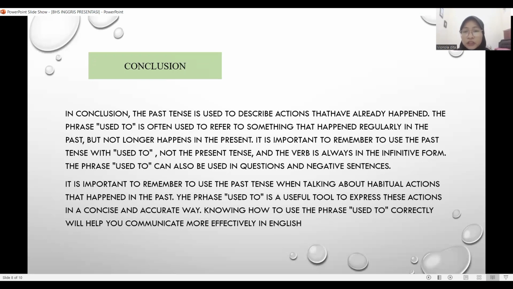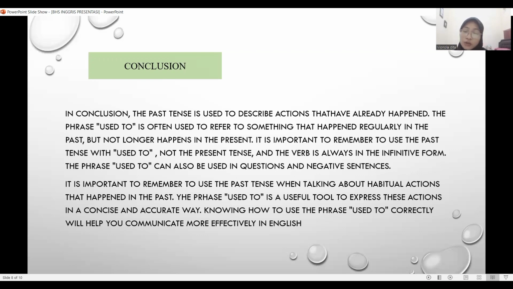It is important to remember to use the past tense with used to, not the present tense, and the verb is always in the infinitive form. Used to can also be used in questions and negative sentences.